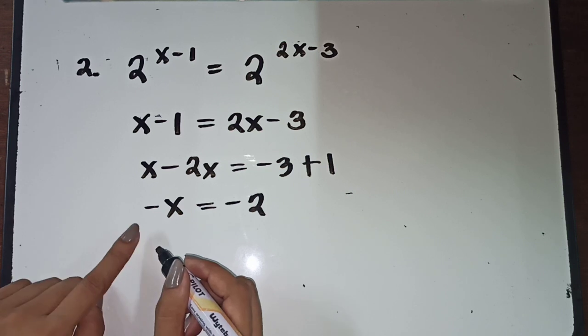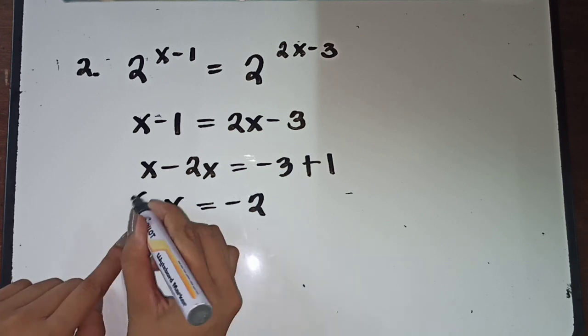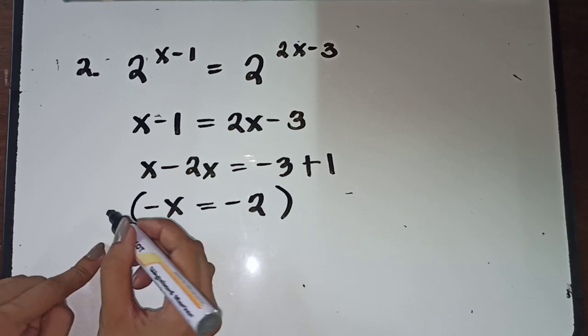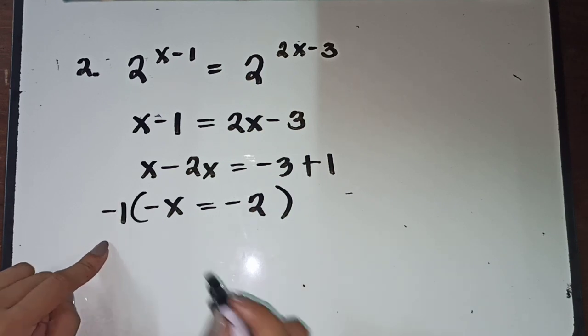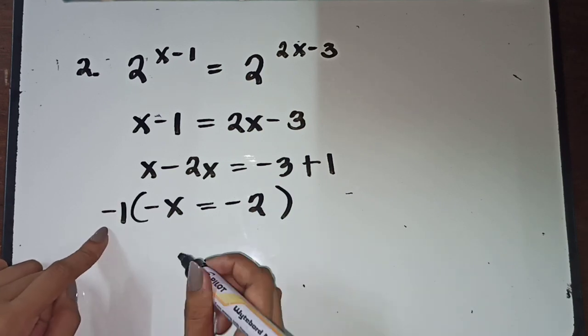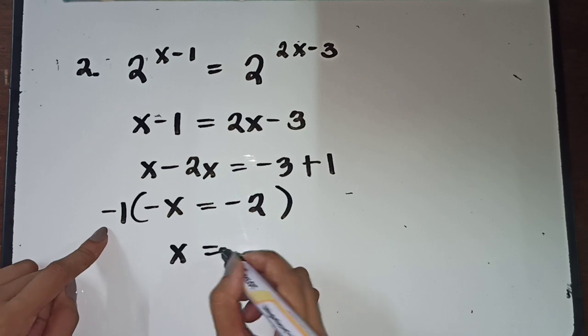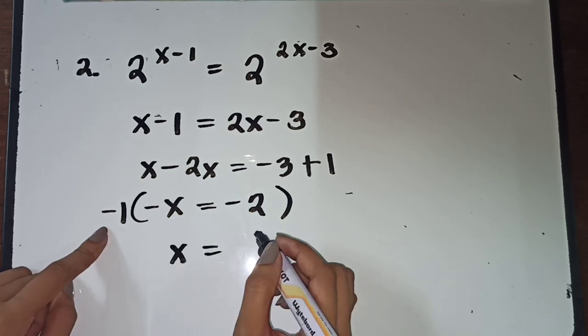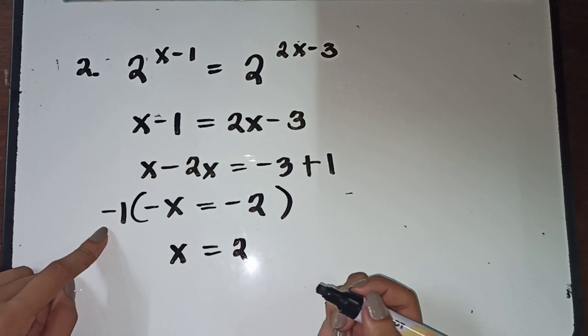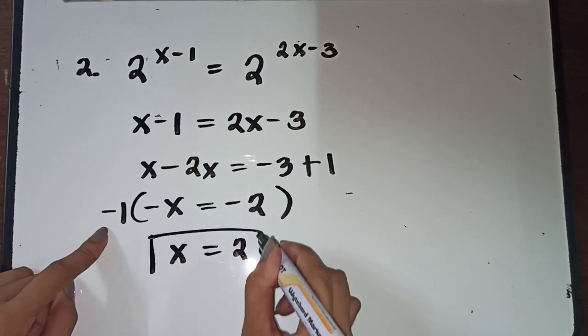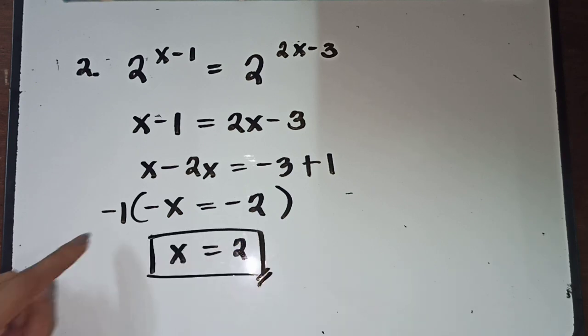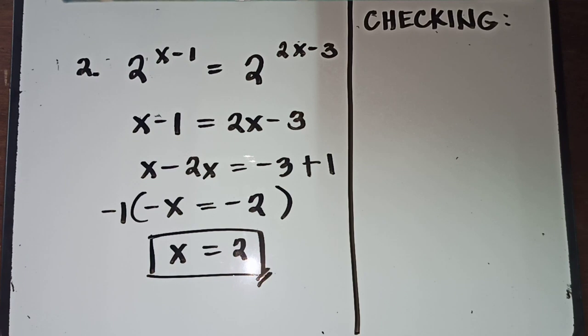Paano ko tatanggalin tong negative nito? Multiply both sides by negative 1. Negative 1 multiplied by negative x is positive x, and negative 1 multiplied by negative 2 is positive 2. So, the value of our x is equal to positive 2.